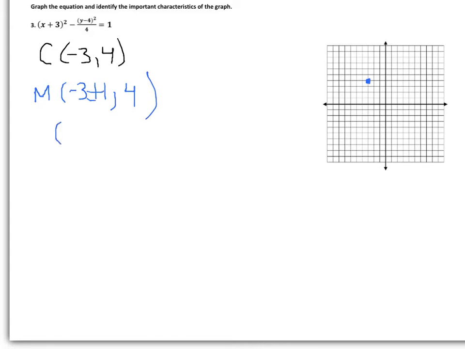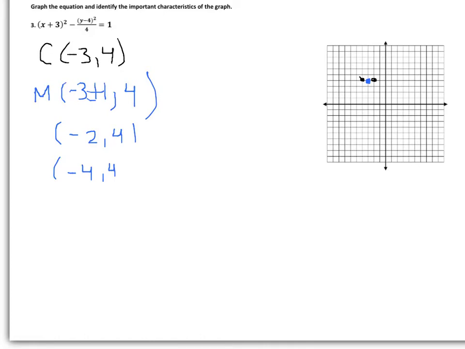So the major vertices are -2 comma 4 and negative 4 comma 4. So right here and right here.